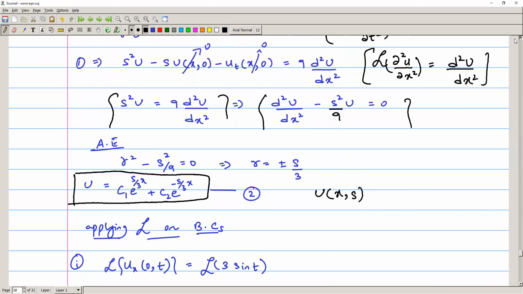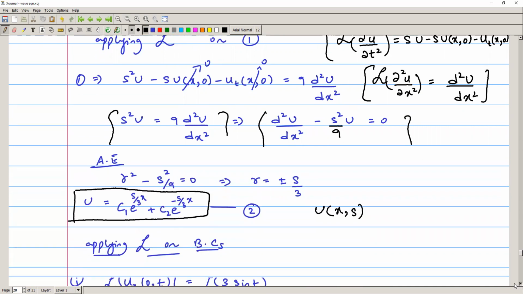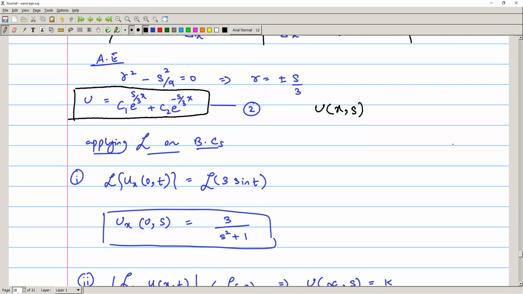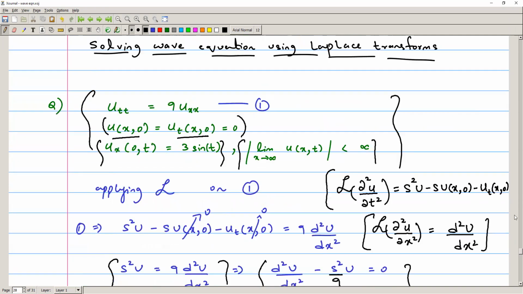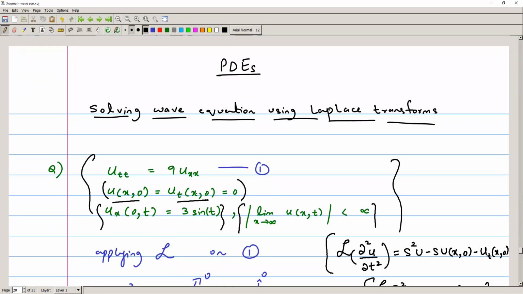From here we can see the given initial conditions u(x,0) and u_t(x,0) are equal to 0. Sorry, those were the initial conditions. We are going to apply the transform on the boundary conditions here.